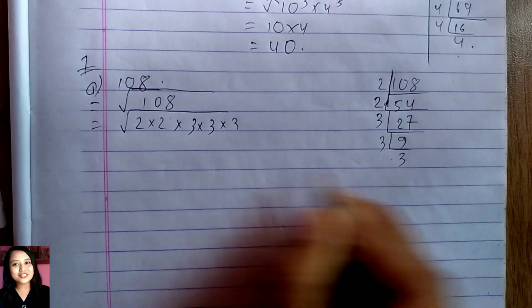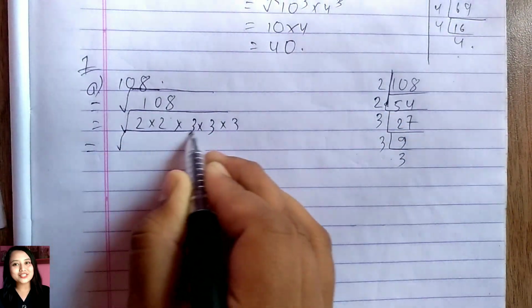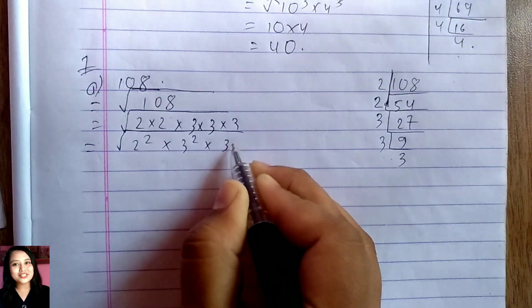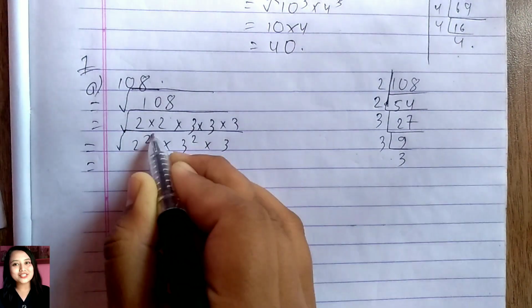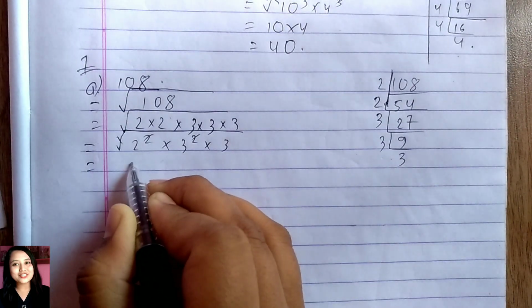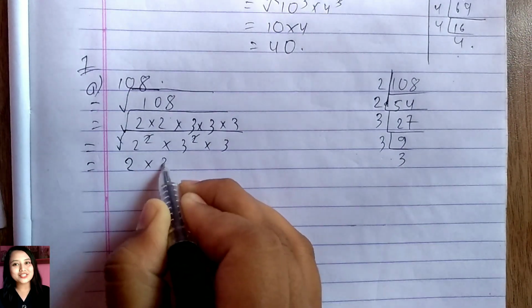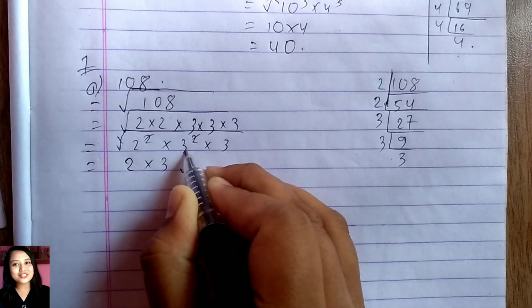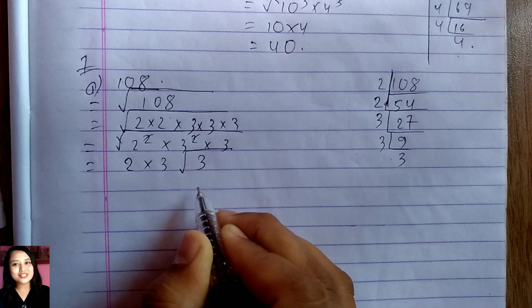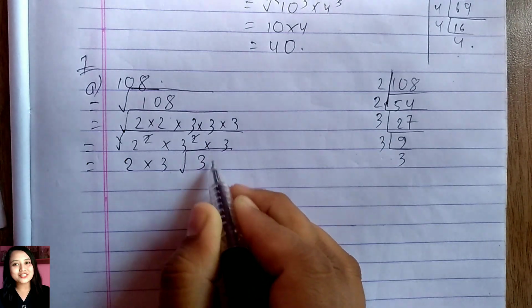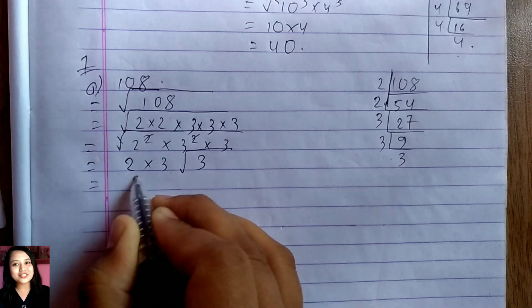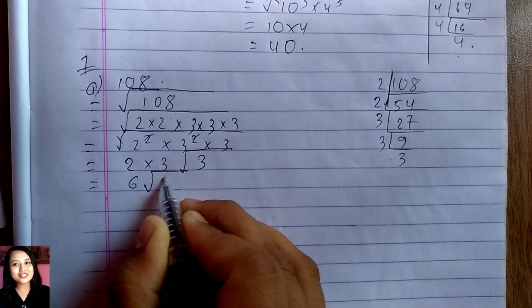This all I am writing. And again, this can be written as 2 square into 3 square into only the 3 is remaining. So this square and this square will be cancelled out. So 2 and 3 will be out of the root, but this 3 will be remaining inside the root. Why? Because it doesn't have the square, it doesn't have a similar number. So 2 3's are 6, root under 3 will be there.